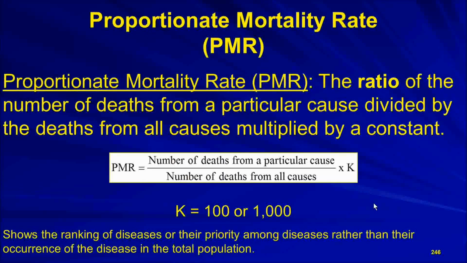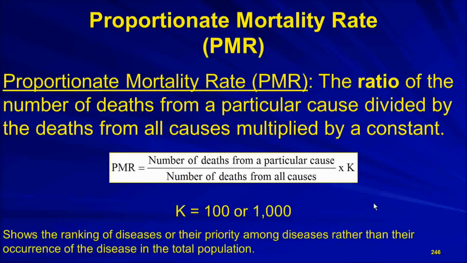This is indicating the killing power. It gives us an idea of the priority of the disease and how potent it is, and shows the ranking of the disease and their priority among diseases rather than their occurrence of the disease in the total population.